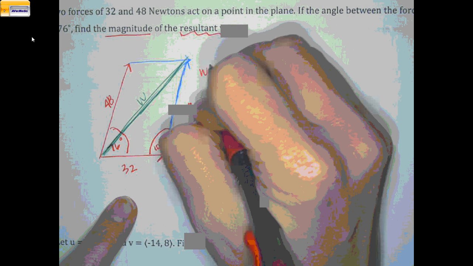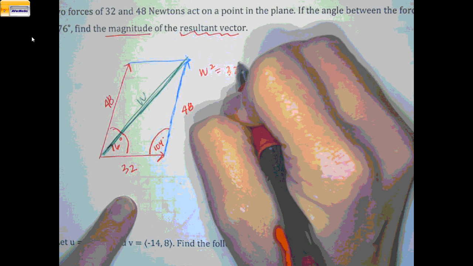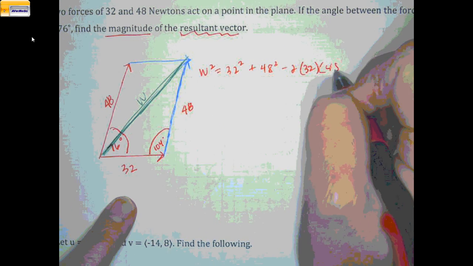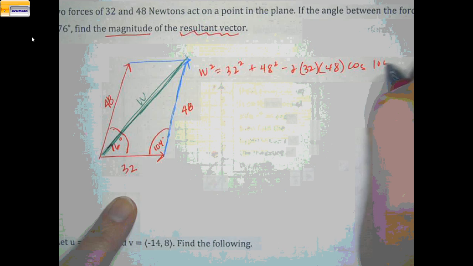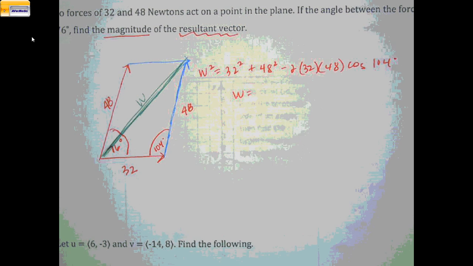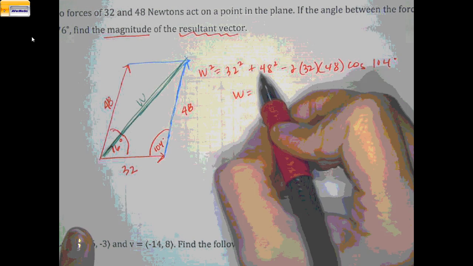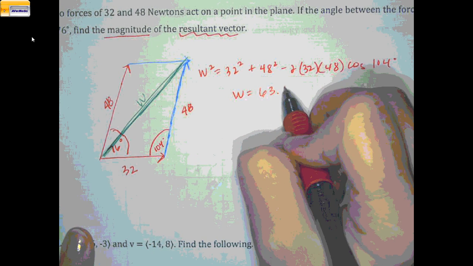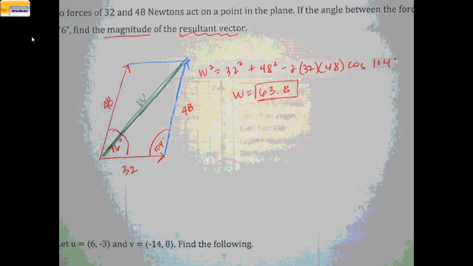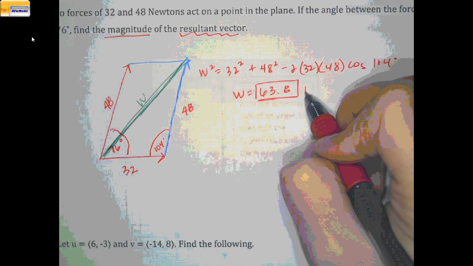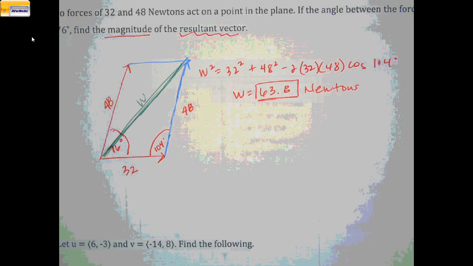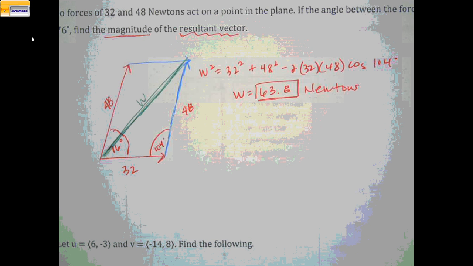So w squared equals one side squared plus the other side squared minus 2 times one side times the other side times cosine of the included angle. We type it in our calculators and get the square root, and we should get 63.8. And that's it. Newtons, I guess I should say. Everybody okay?